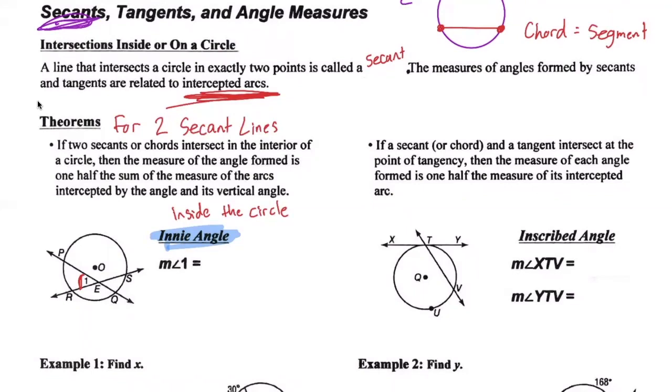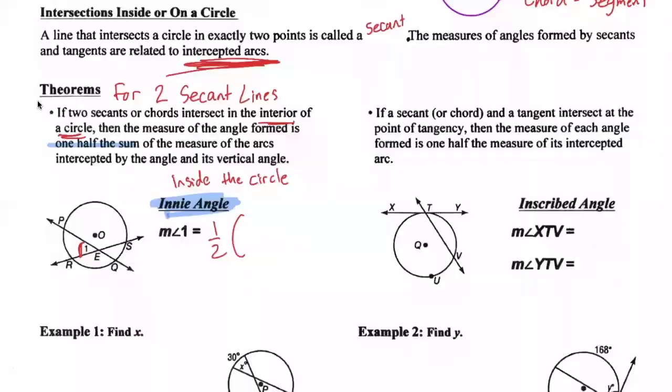If 2 secants or chords intersect in the interior of a circle, interior as in inside, as in the any angle, then the measure of the angle formed is 1/2 the sum of the measures of the arcs it intercepts.